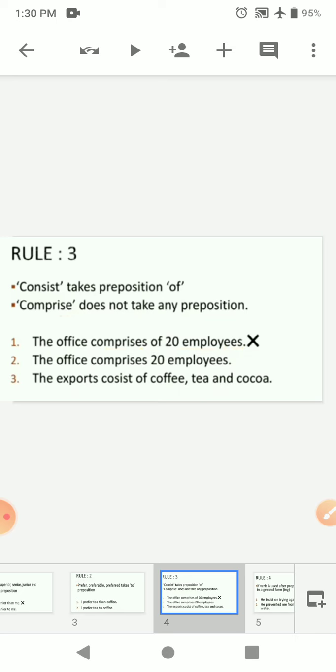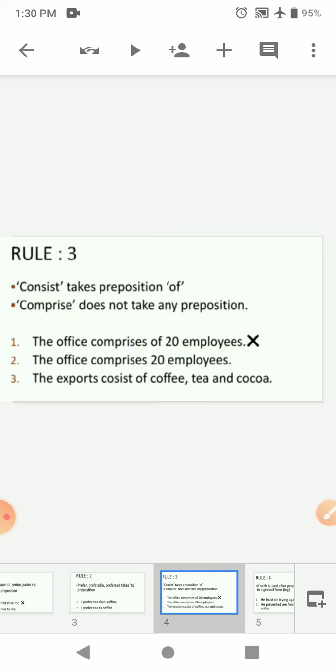Then we have rule number 3. We have words like consist and comprise. Whenever we use consist in a sentence, it takes the preposition of. And if we have the word comprise in a sentence, it does not take any preposition. We often make mistakes in such cases.